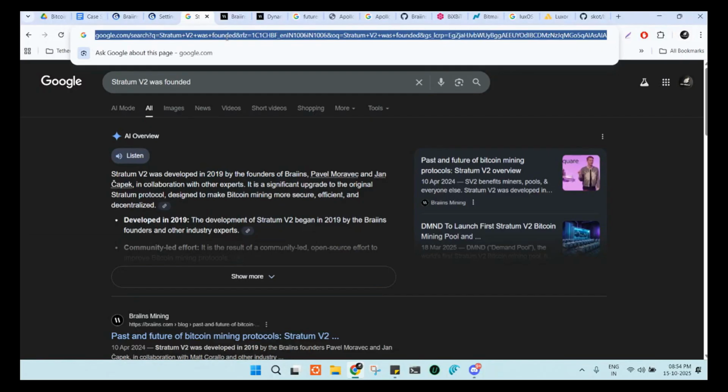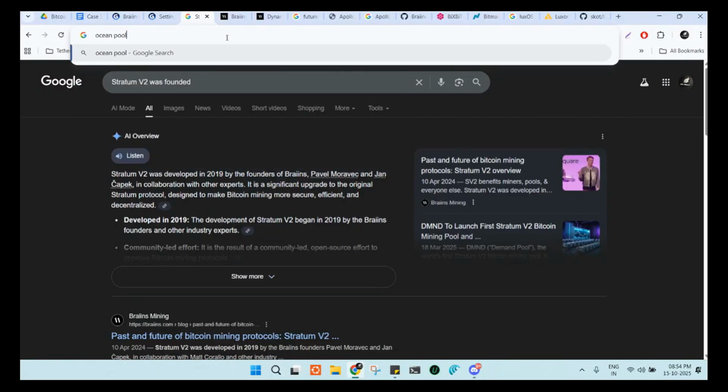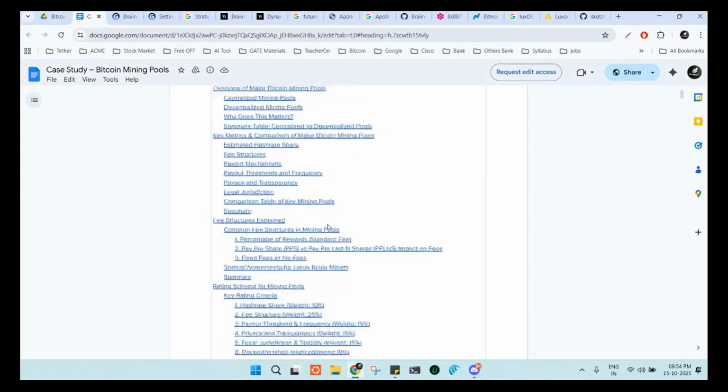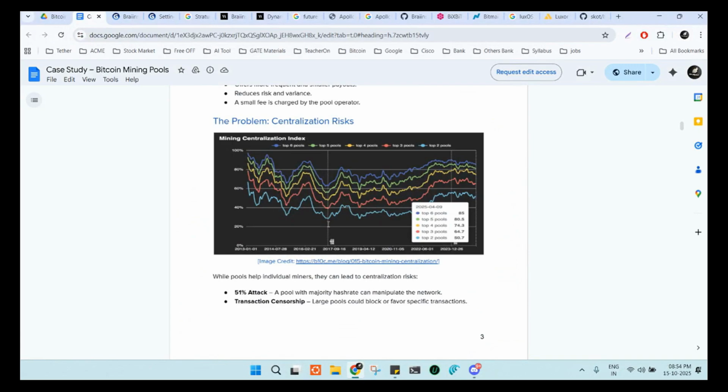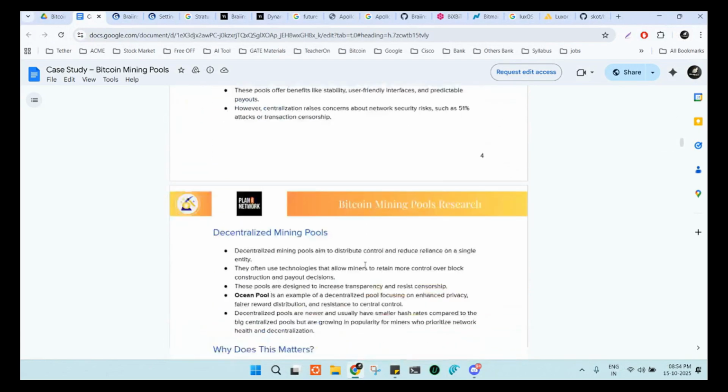Some pools are using it, like Ocean Pool. If you're using Ocean Pool, they support Stratum V2, but the most popular ones are not using it. What are those most popular ones? Because we will discuss this document later, but I will show you some.